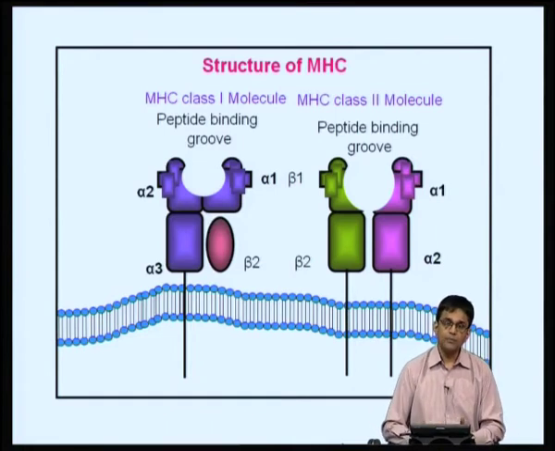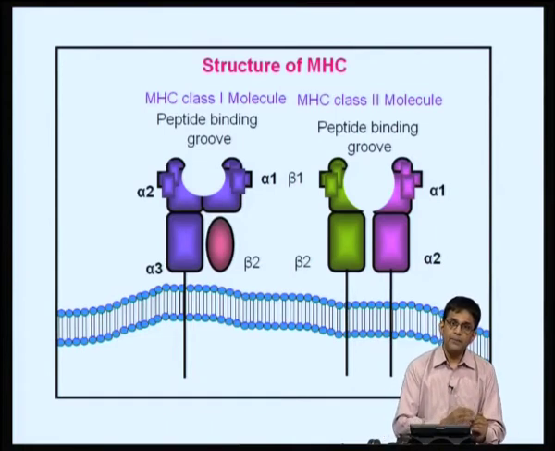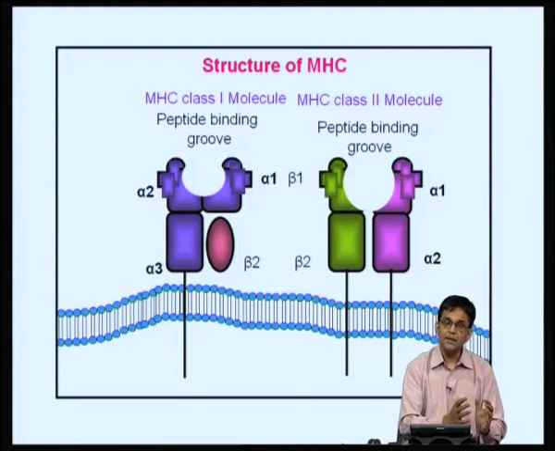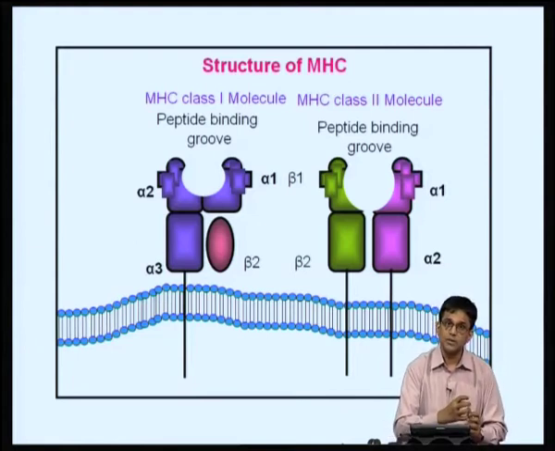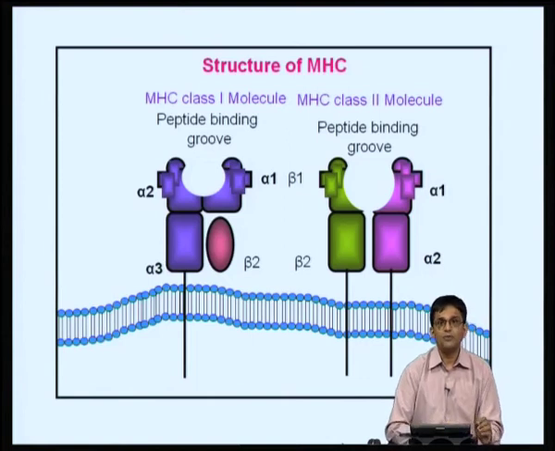If you remember, the ability to bind of the TCRs and the BCRs is variable, and that variability comes from the ability to bind different segments of the gene and form new molecules. And in case of the BCRs, subsequently you have somatic mutation which drives selection of higher affinity immunoglobulins.